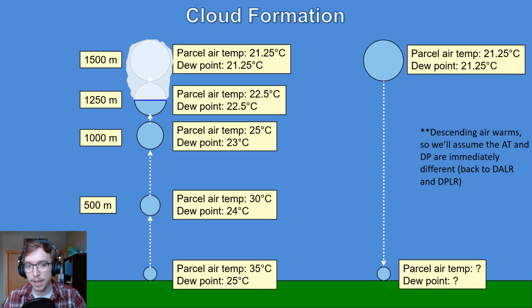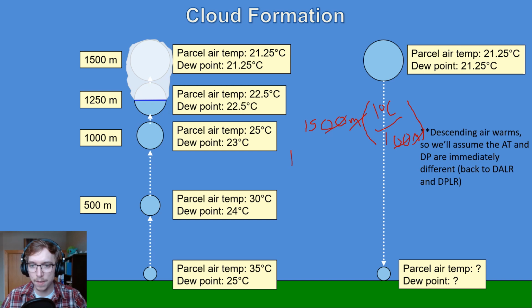If you just take that dry adiabatic lapse rate, 1,500 meters times 1 degree Celsius for every 100 meters, the meters are going to cancel out.